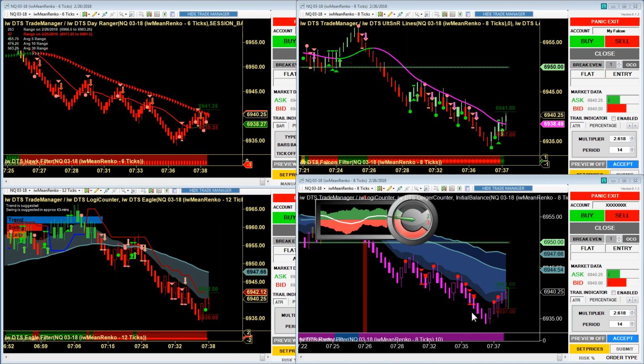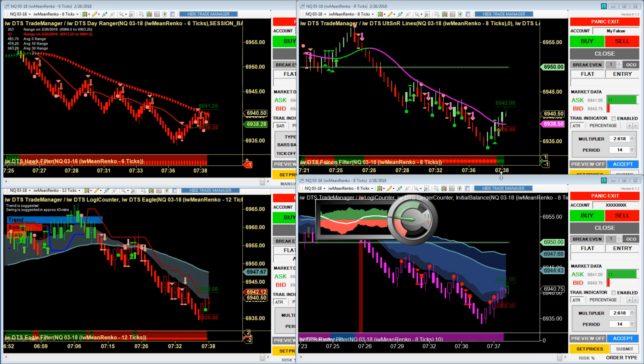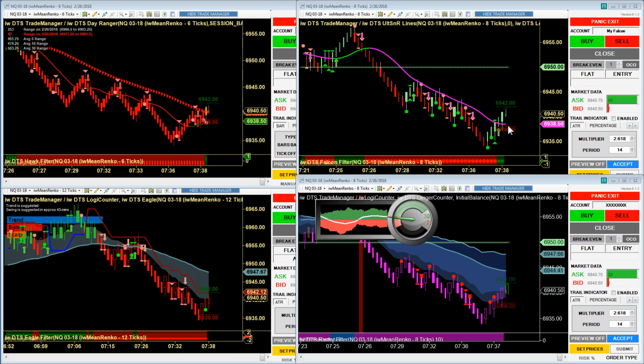All right, well, starting to get a little bit more sideways drift. The Falcon changing the filter, and now the trend line trying to change as well. So maybe we're looking at a short-term bottom as the buyers show up.